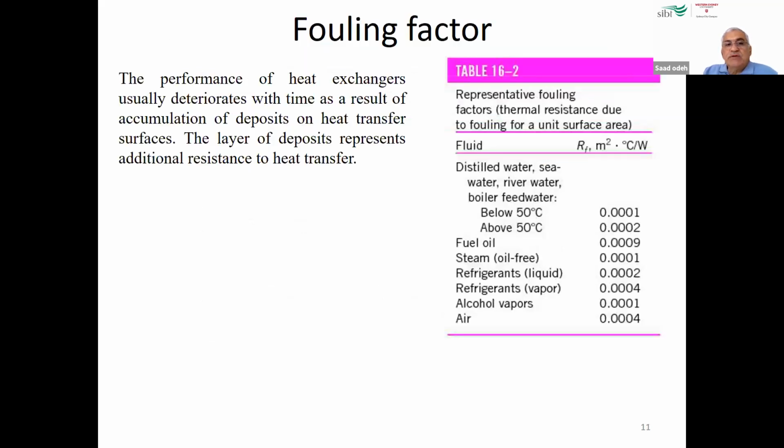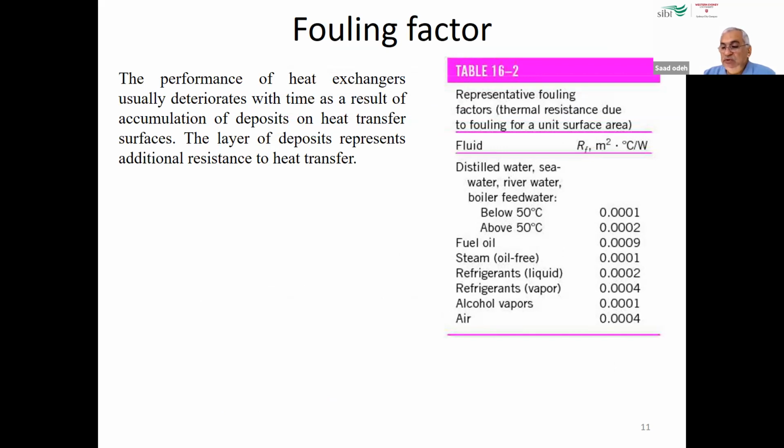But we go to the fouling factor. We said that when we run the heat exchangers for a long time, for example, for years, let's say 5 years, there will be some accumulation of deposits on the tubes, especially when we are using fluids which are not pure.